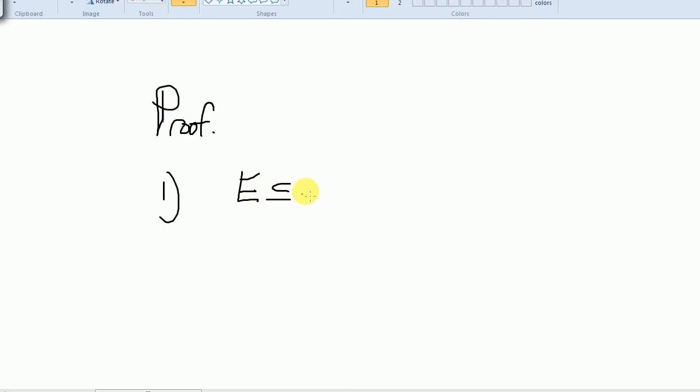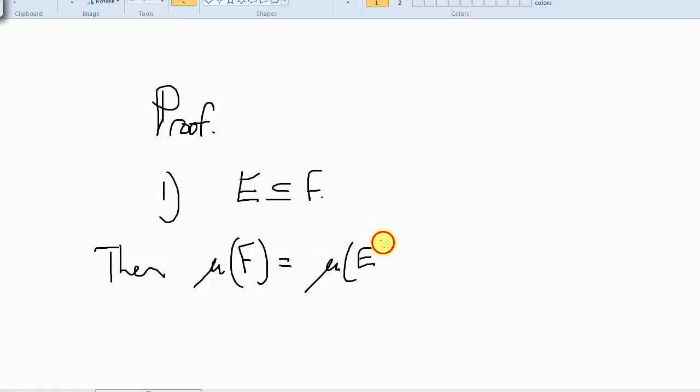Let E be a subset of F. Then the measure of F, so mu of F, is equal to the measure of E plus the measure of F take away E. By the property of sigma algebras that we showed in the last video, this is a measurable set, and this is also a measurable set, of course.